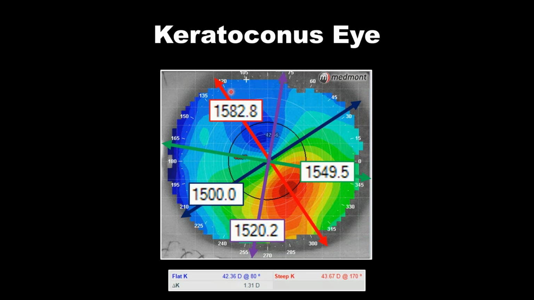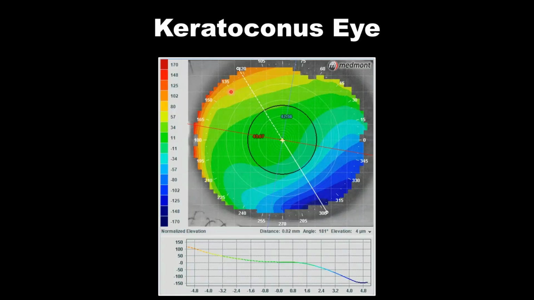The problem with the keratoconic patient is not that it's steep, it's not that it's a droopy apex, it's that it's such an asymmetric surface. That's what makes this eye so challenging for us to fit. Now, if we pull up the elevation map on this eye, it becomes very useful. What we'll do is we'll look for the highest point in the plus range, so the hot range of curvature or hot range of elevation, 112 microns.